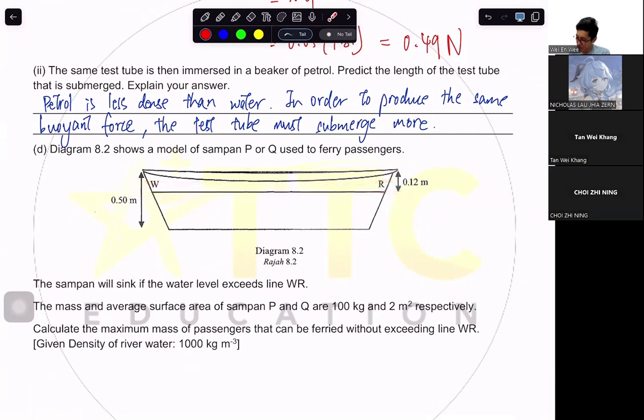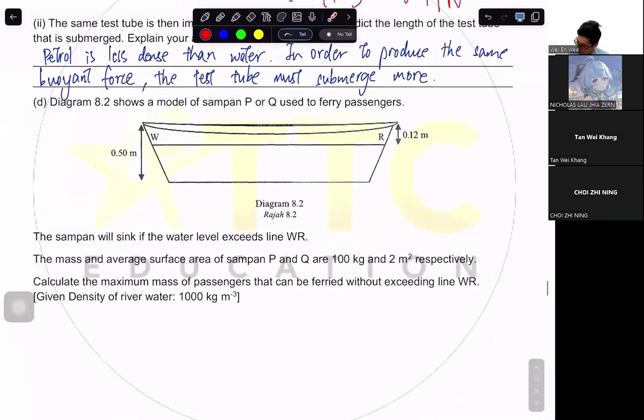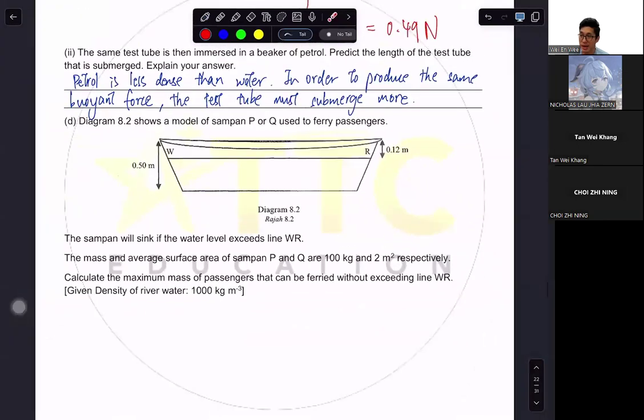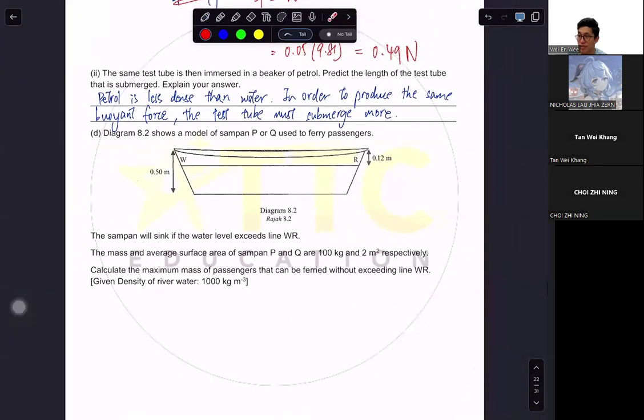The mass and the average surface area of the sampan are 100 kg and 2 square meters. Calculate the maximum mass of passengers that can be ferried without exceeding line WR.